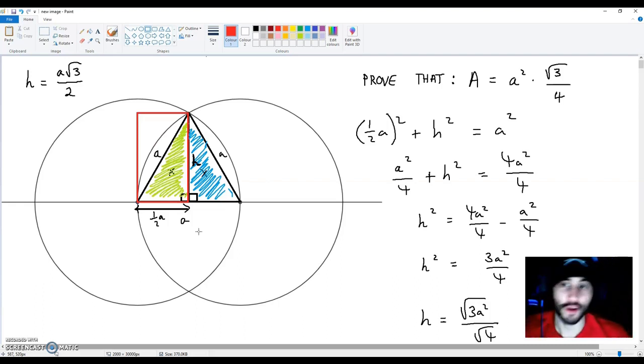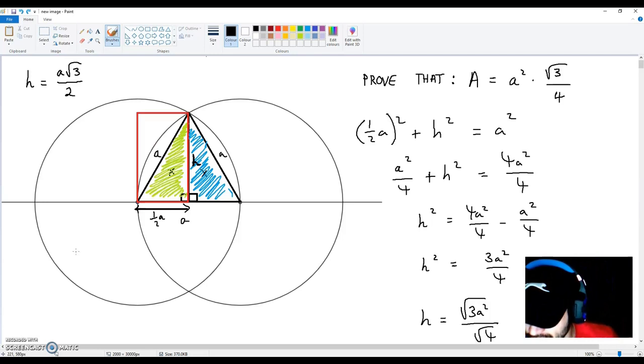Now the area of the whole rectangle is going to be half a, this length down here, times the height, which we've established in terms of a. So without any further complications, let's find the area of half of this equilateral triangle shaded in green.